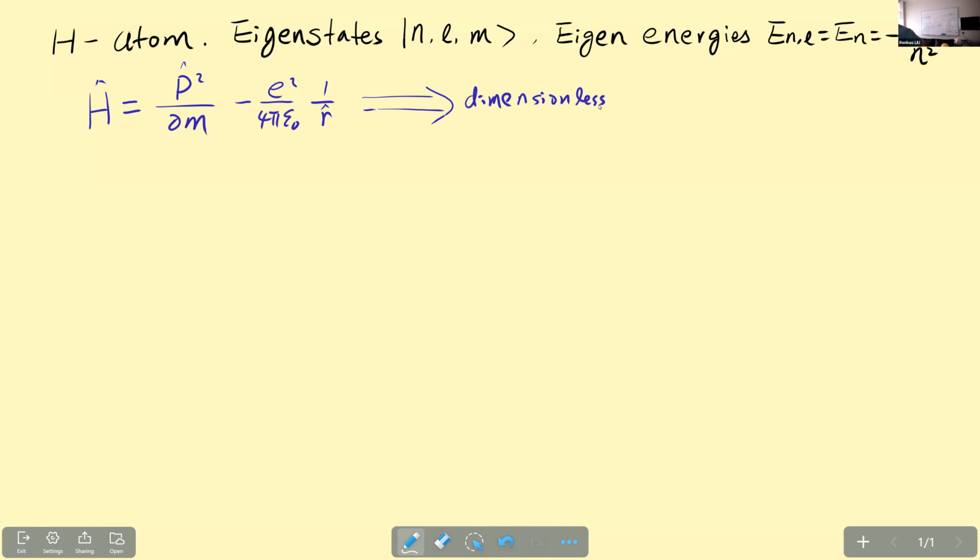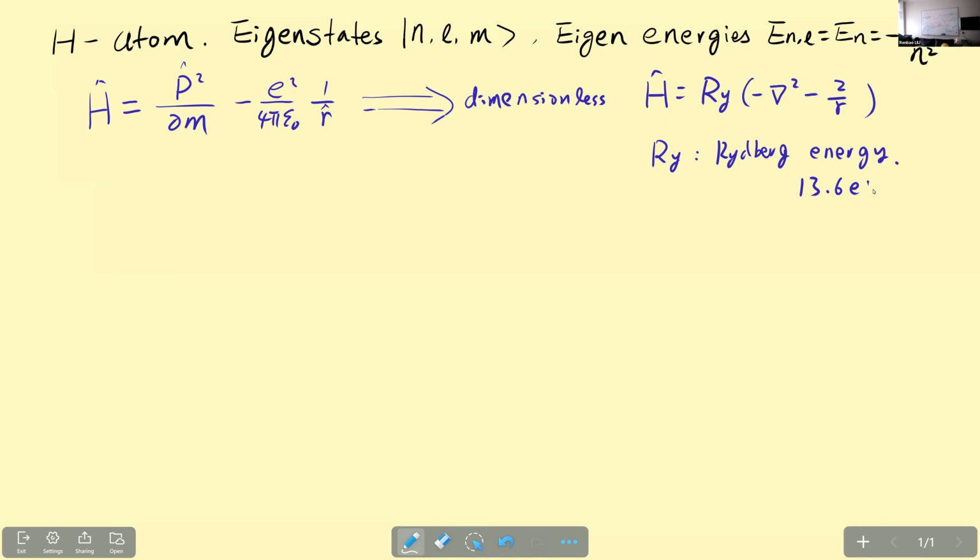That can be written with units. This is called the Rydberg energy, about 3.6 eV.